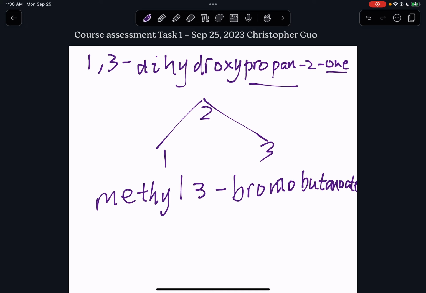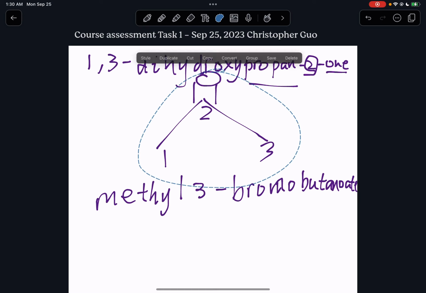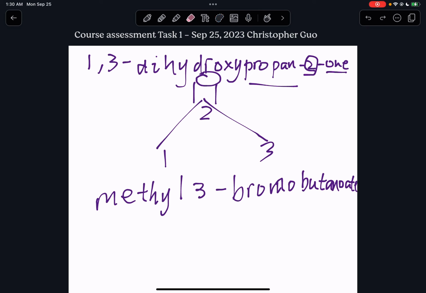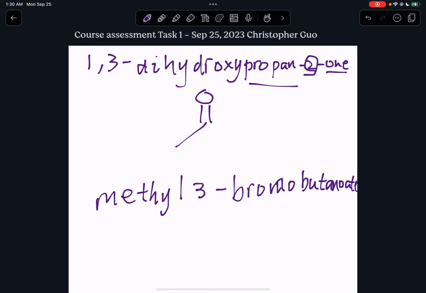Since we know what it is, and it's on 2, we need to draw this here. Let me give you a better visual, just in case. Okay, so this is what we have so far.